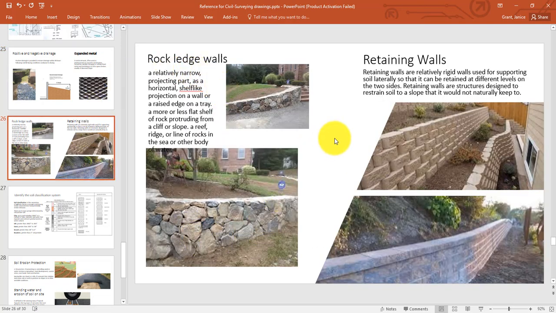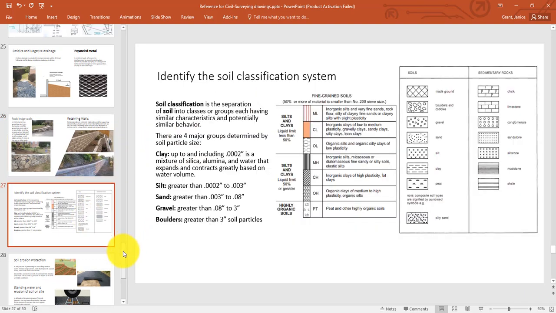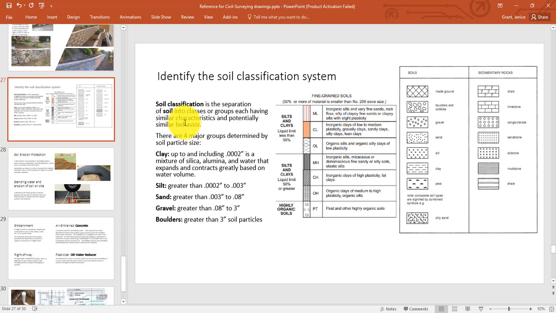Rock ledges and retaining walls hold the dirt back so that we can force it to drain a certain way, and to different vegetation. Identifying your different soils. There's a chart in the chapter also that's very similar to this.